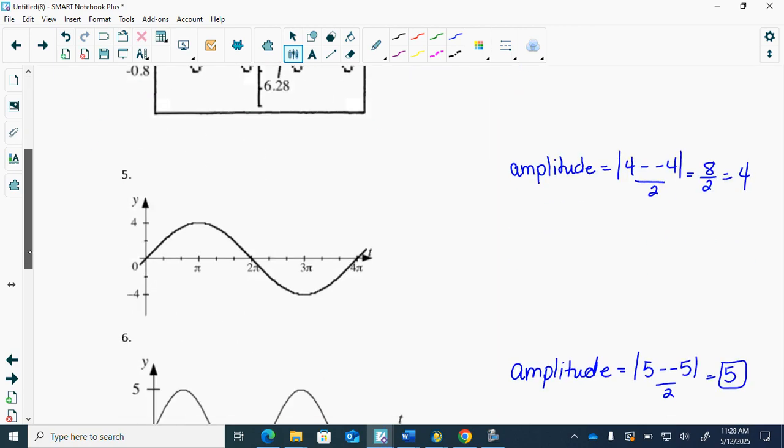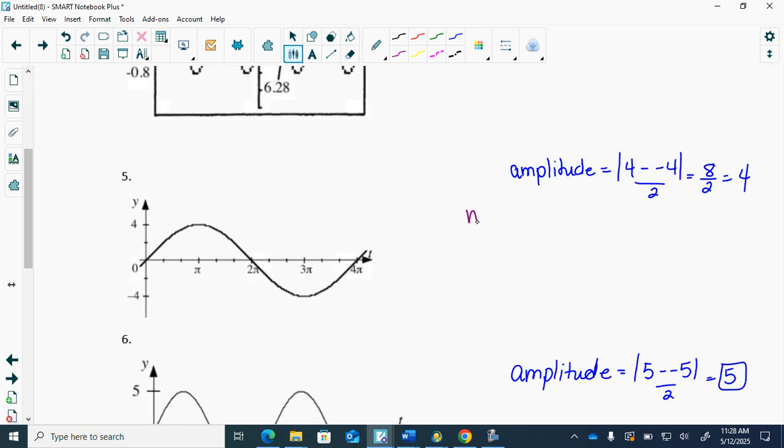Okay, this one, your midline is y equals 4 plus negative 4 divided by 2, which is 0 again. And we know it's right because it is cutting the graph in half.